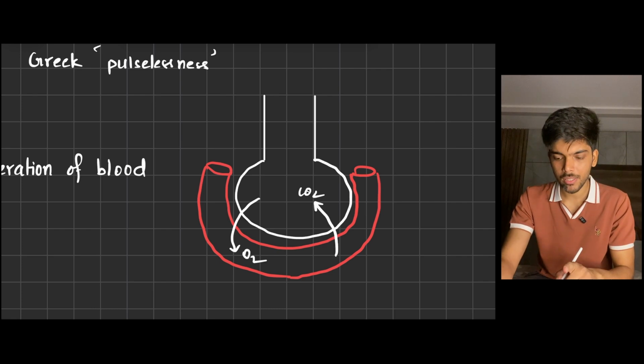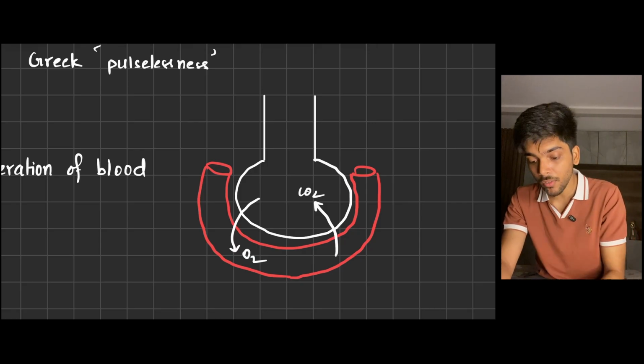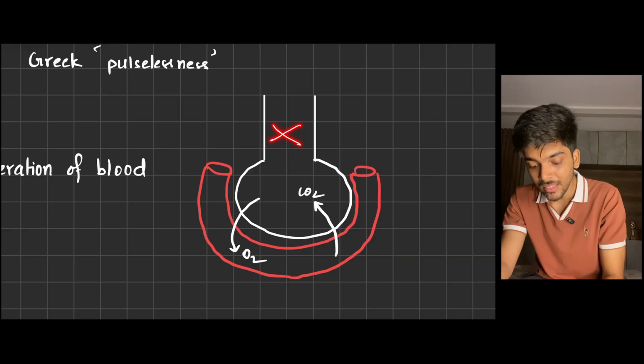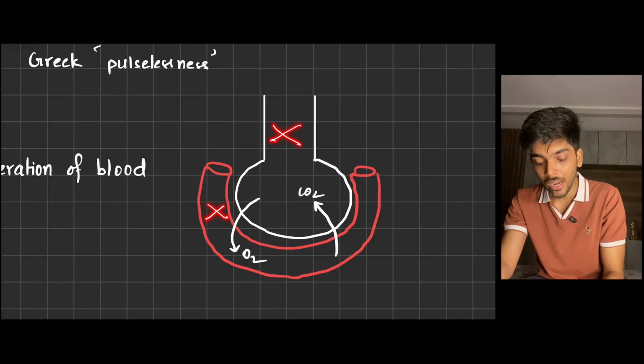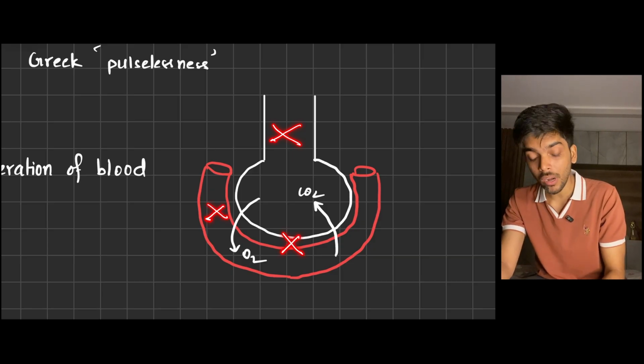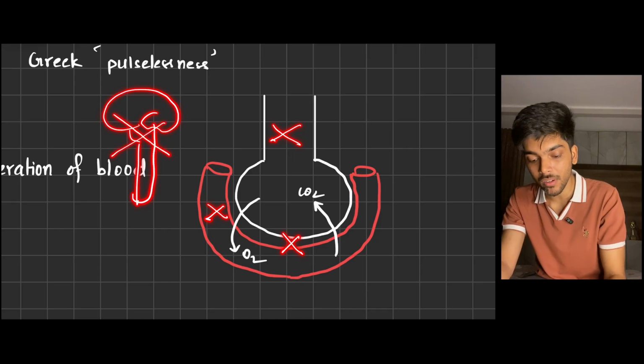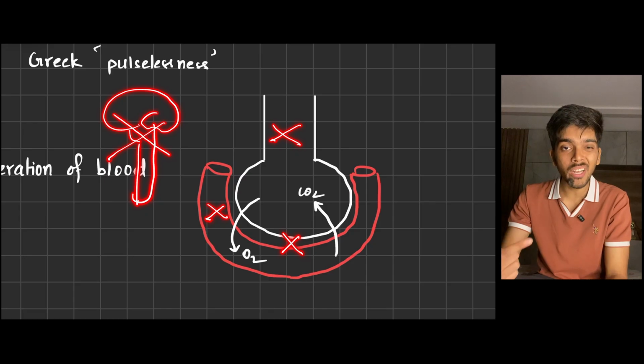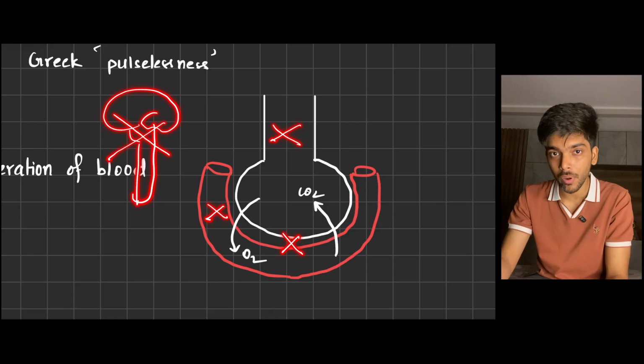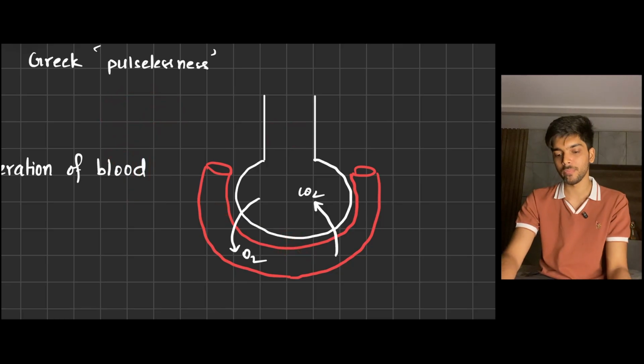If there is any impairment or pathology at the site of ventilation, or at the site of perfusion, or at the site of exchange, or at the site of central nervous system or the center of respiration, then it will eventually lead to defective aeration of blood or reduced oxygen of blood, and that is referred to as asphyxia.